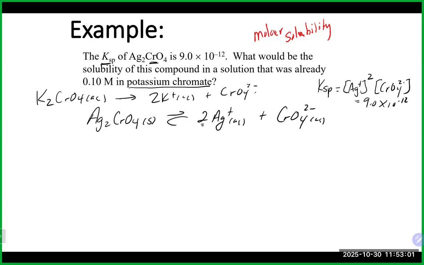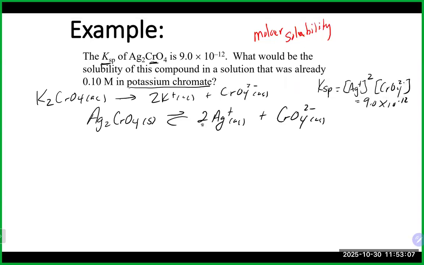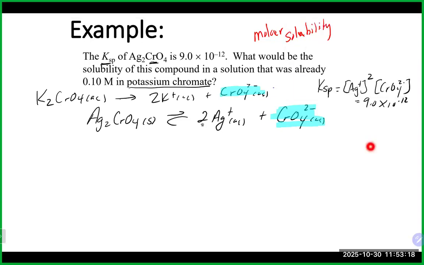And again, hopefully you could recognize that it is the chromate in this case that is going to be our common ion.